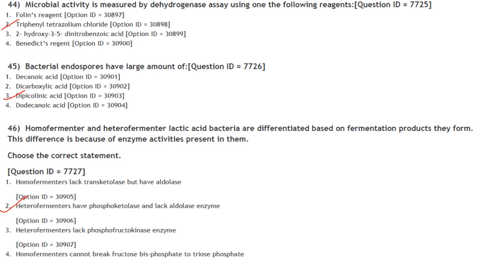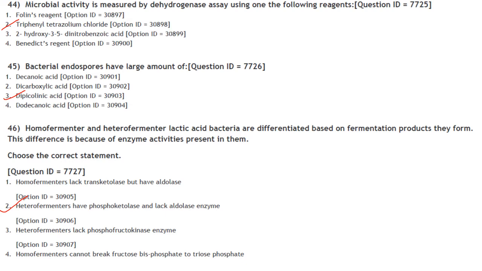So the EMP pathway is used by the homofermentative type and it uses the enzyme aldolase or fructose 1,6-diphosphatase, and heterofermentative bacteria use the phosphoketolase pathway and they lack the aldolase enzyme.